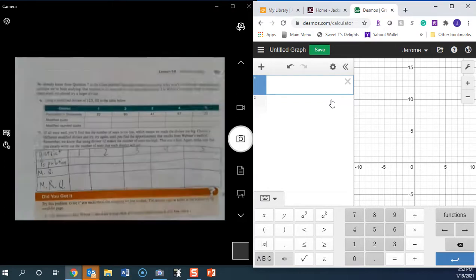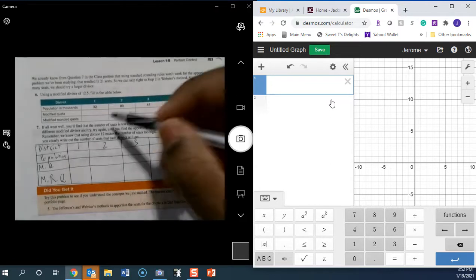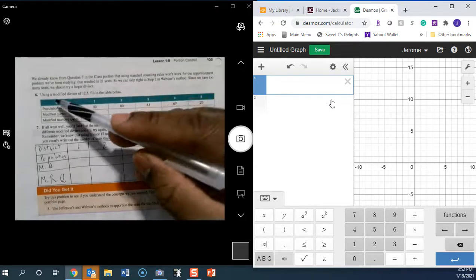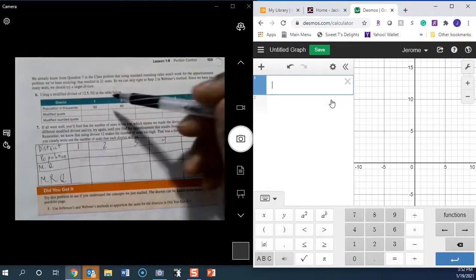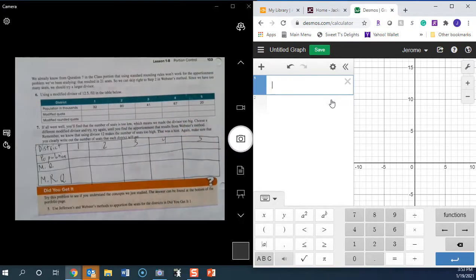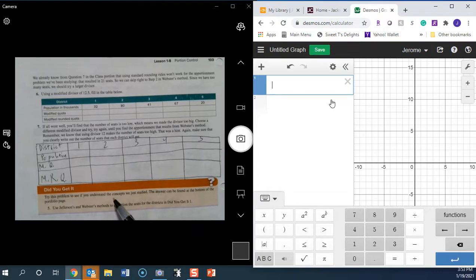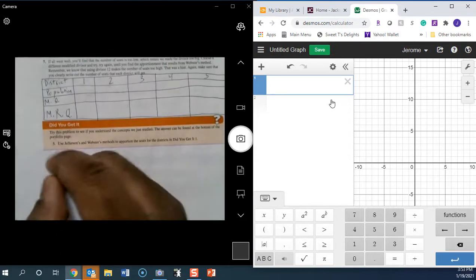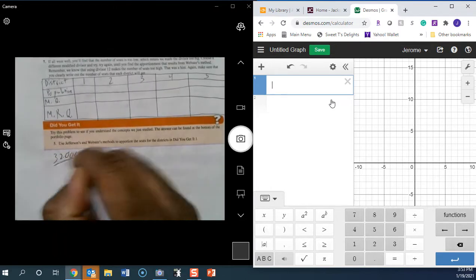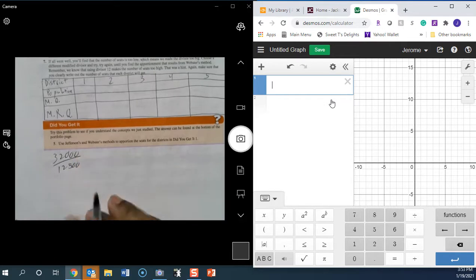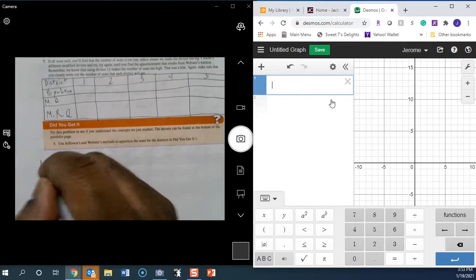Okay, so if we come here for the problem, it says using a modified divisor 12.5, fill in the table below. So when we use 12.5, I actually didn't write this out, but let me write this out. We are doing 32,000 divided by 12,500. That's District 1.